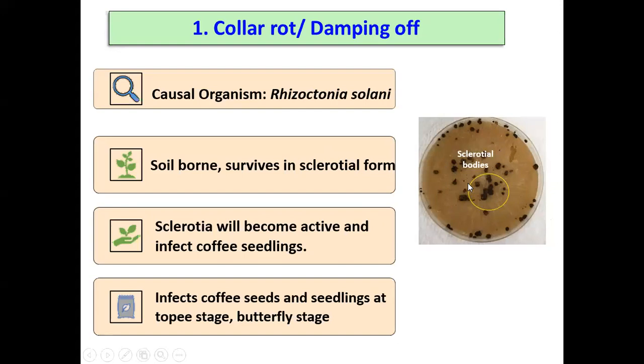The sclerotial form will be mustard-like things, and the same things will be formed in the nursery conditions also. So these sclerotia will be in inactive form, and once they get the favorable condition, they will become active and infect the coffee seedlings. And this fungus infects the coffee seeds and the seedlings at topi stage as well as butterfly stage.